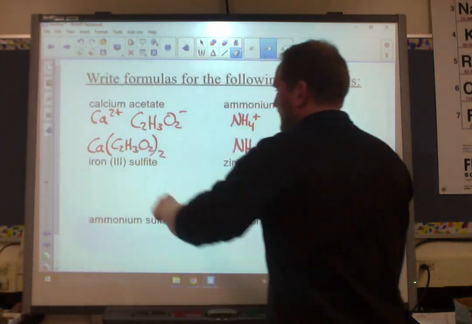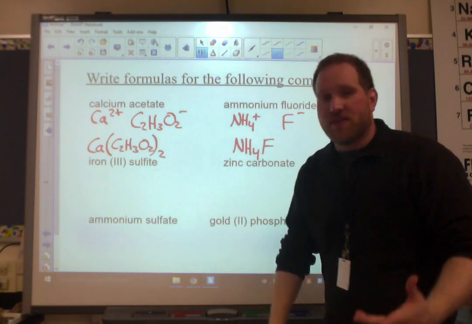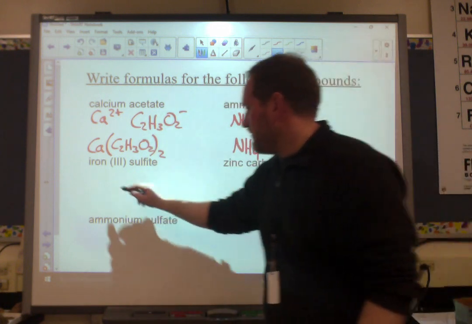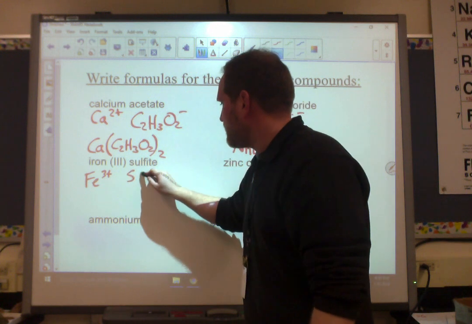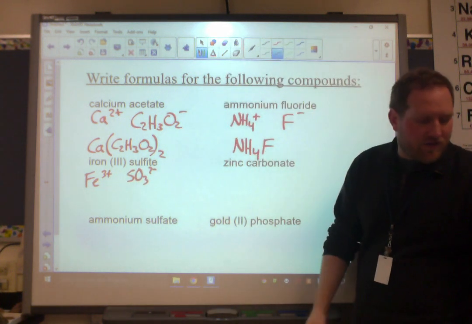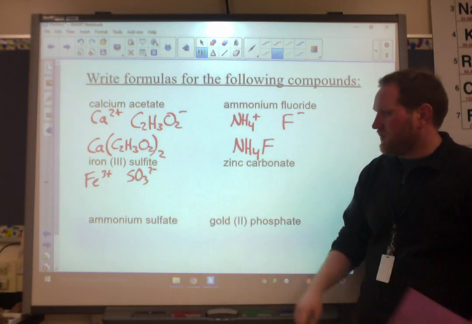All right, this example here, iron 3 sulfite. So iron 3, transition metal, what does that 3 mean? It's the charge of the iron. So I'm going to say Fe3+. Sulfite is SO3 2-. Again, I'm going through these quickly because I've been going through these a lot. You'll eventually get to the point where you'll have several of these memorized.